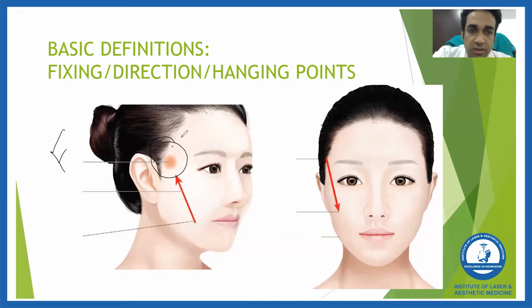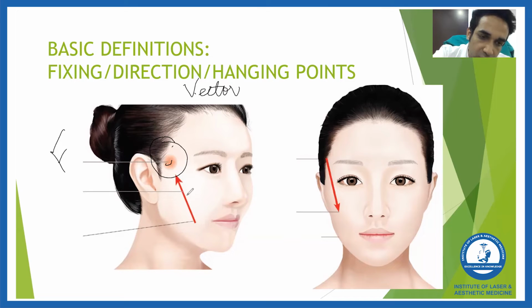The next in the definition is direction. This is the vector of force or the vector of the thread that you're going to pass through the fixing point. So you made a small ditch here, made by an 18 gauge cannula, right?